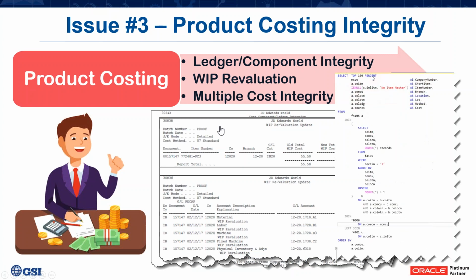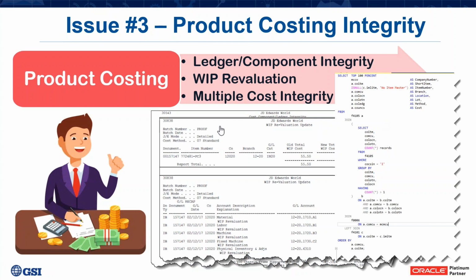So what you have, there is no integrity report in JD Edwards to do that, but as part of the slide deck, and you guys will be able to get a copy of the slides, there's a little script here that I wrote that will actually go and find any of these multiple cost issues, and then that will allow you to go into JD Edwards and correct them. Okay.